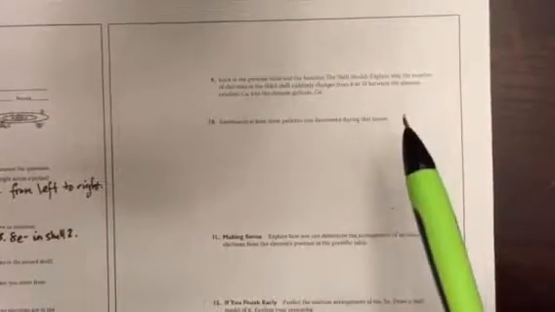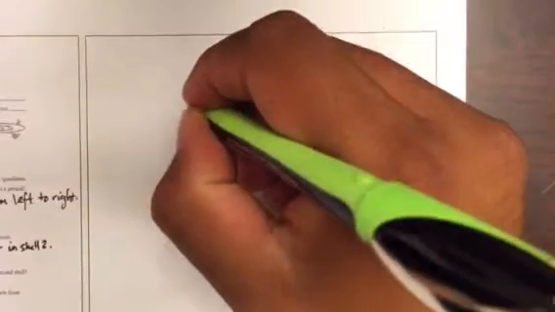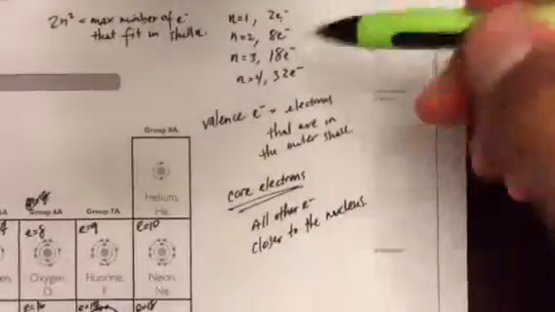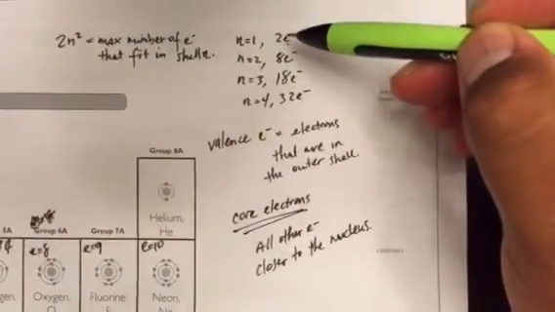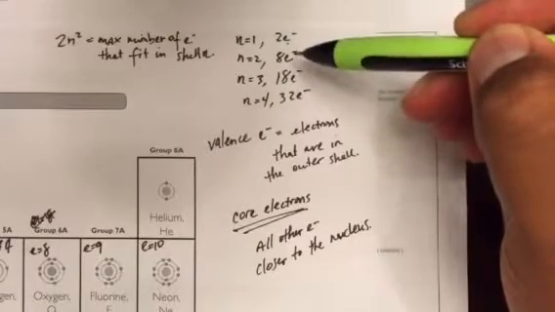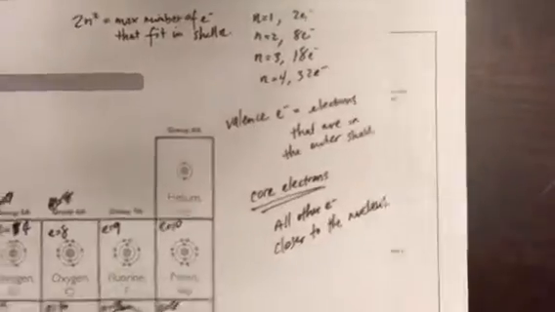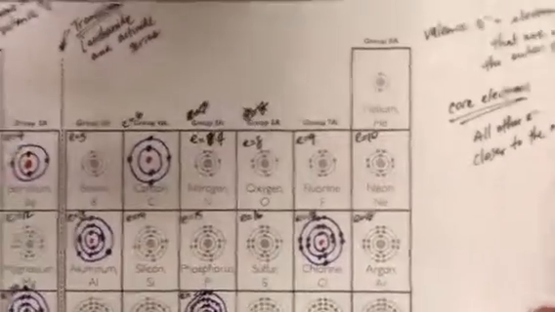And then for number 9, number 9's a tough question. One of the things is that when we start looking at shells, we said, how come shell 1 has 2, shell 2 has 8 electrons, shell 3 has 18, and shell 4 has 32, and shell 5, and so on.